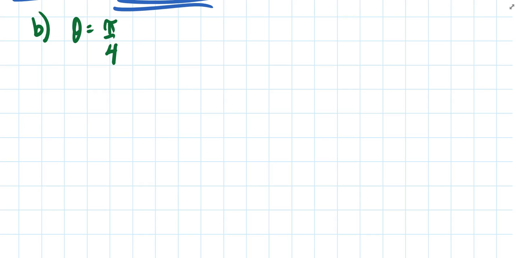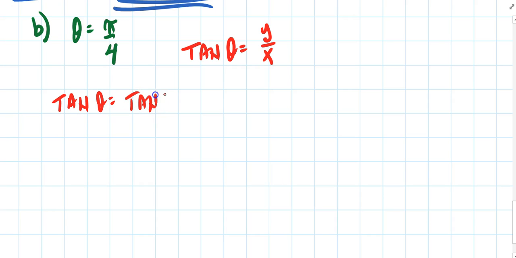Okay, here's example B. If I know that theta is equal to pi over 4, remember in the last video I told you that every tangent of theta is worth a y over x. So if I say then the tangent of theta must be equal to the tangent of pi over 4, I'm basically taking tangent on both sides, so I would get that the tangent of theta is equal to, what is the tangent of pi over 4?